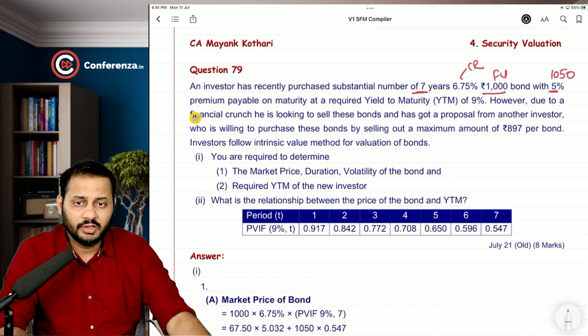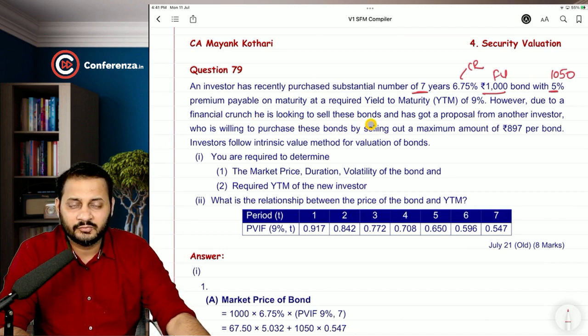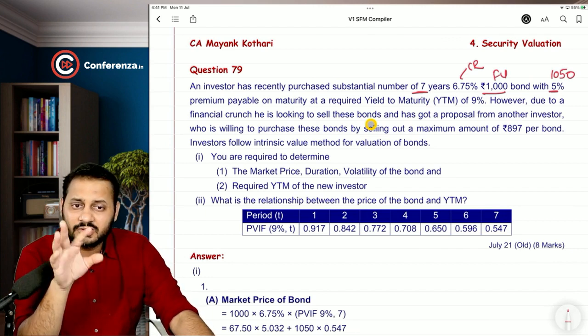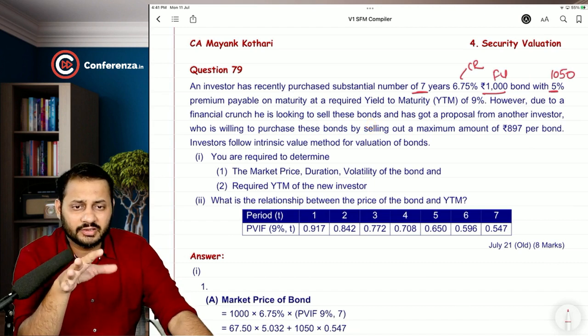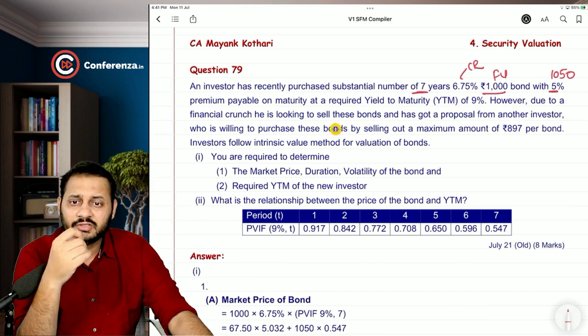Okay, now premium payable at maturity at a required yield of 9%. However, due to a financial crunch, he is looking to sell these bonds. He had already purchased these bonds and he was about to keep them for 7 years. But after some years, I don't know when, he was facing some financial crunch.